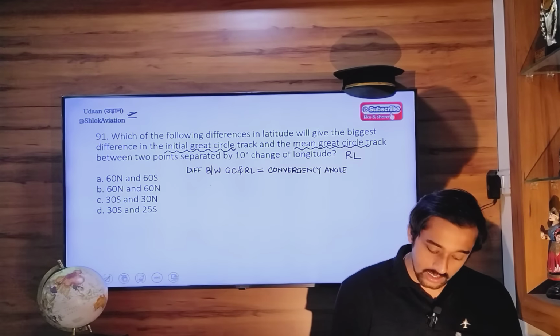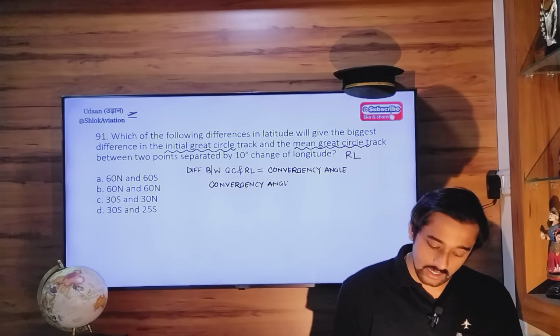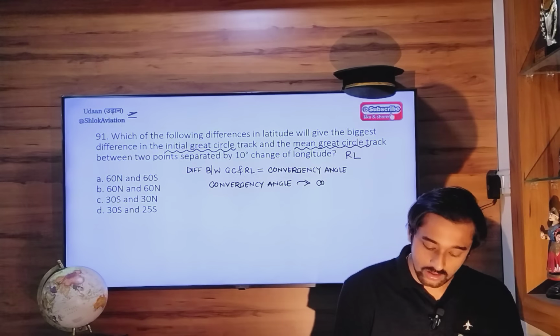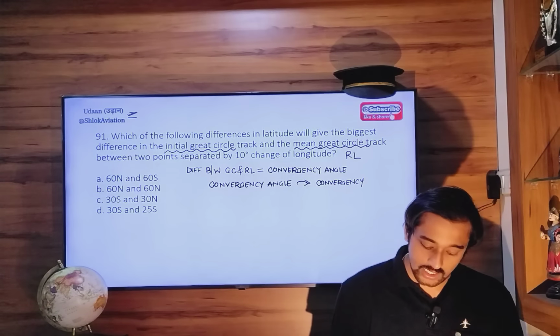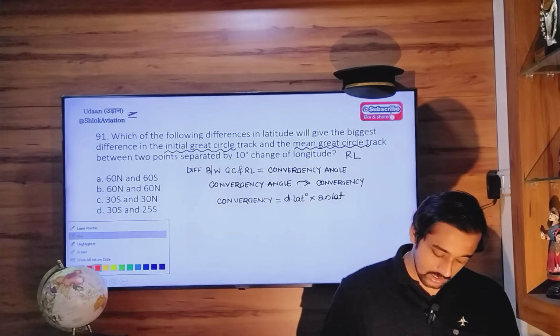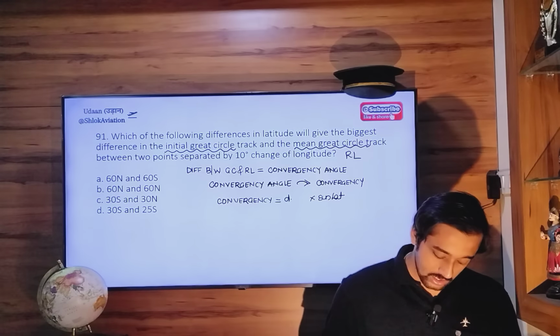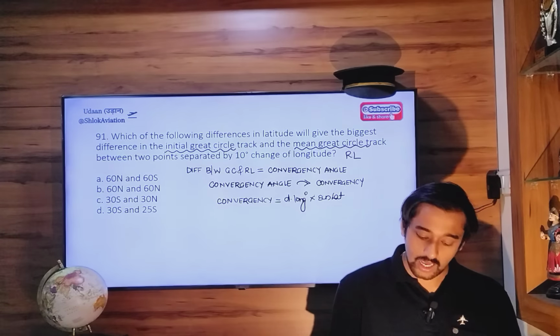Convergency angle is derived from convergency, and convergency is nothing but d long into sine of latitude.